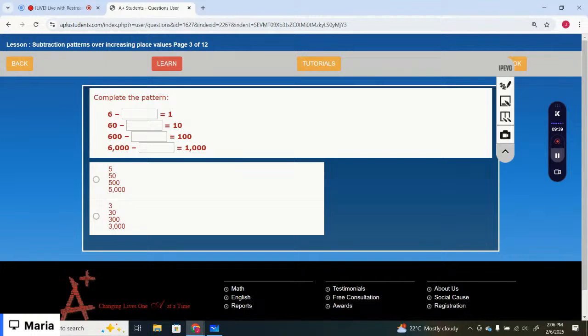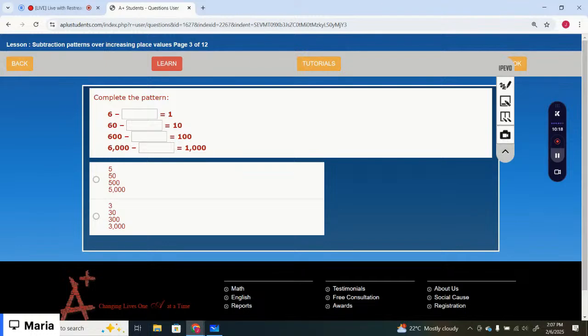Complete the pattern. 6 minus the missing number equals 1. 60 minus missing number is 10. 600 minus missing number is 100 and 6,000 minus missing number is 1,000.